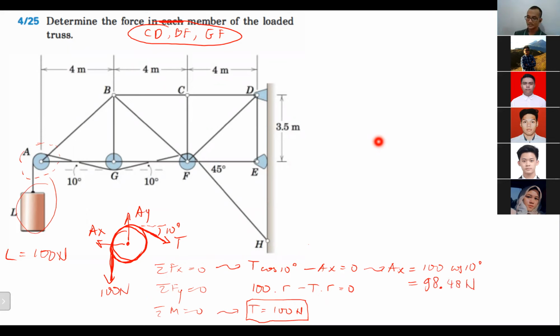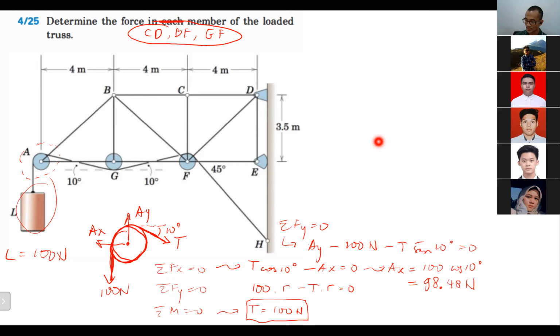That's our Ax. Then using sigma Fy equal to 0, we have to list out all the y direction forces first. Then we have Ay, we have 100 Newton but minus because it's going down, and then we have T sin 10 degrees, also minus because it's going down, equal to 0.